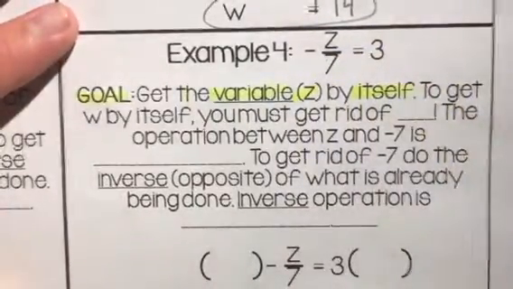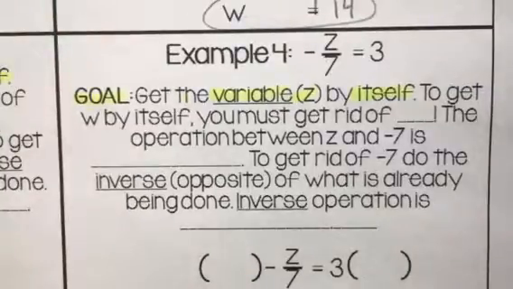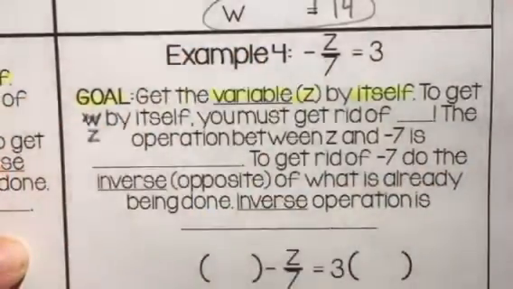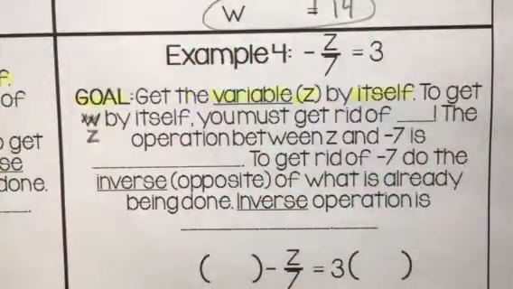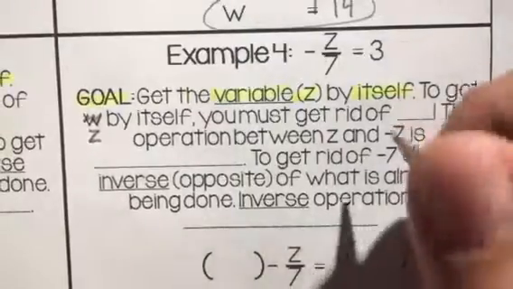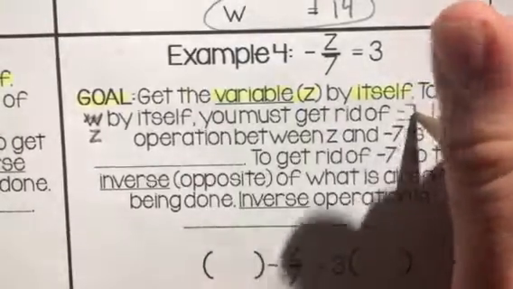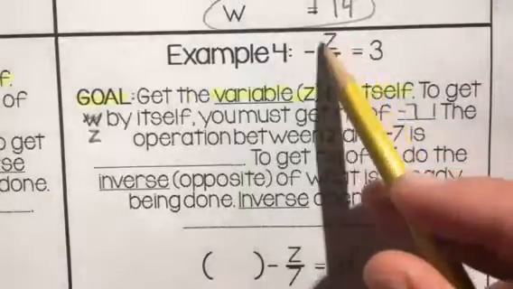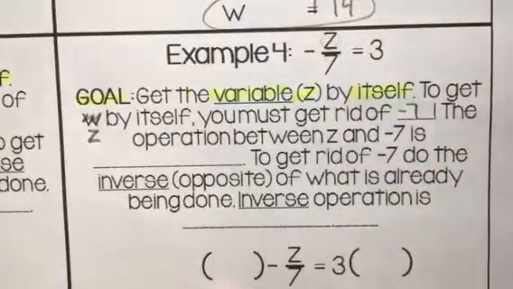That is always going to be our goal. And to get z by itself, you must get rid of the 7. We got to get rid of this 7, so all we have is z by itself.